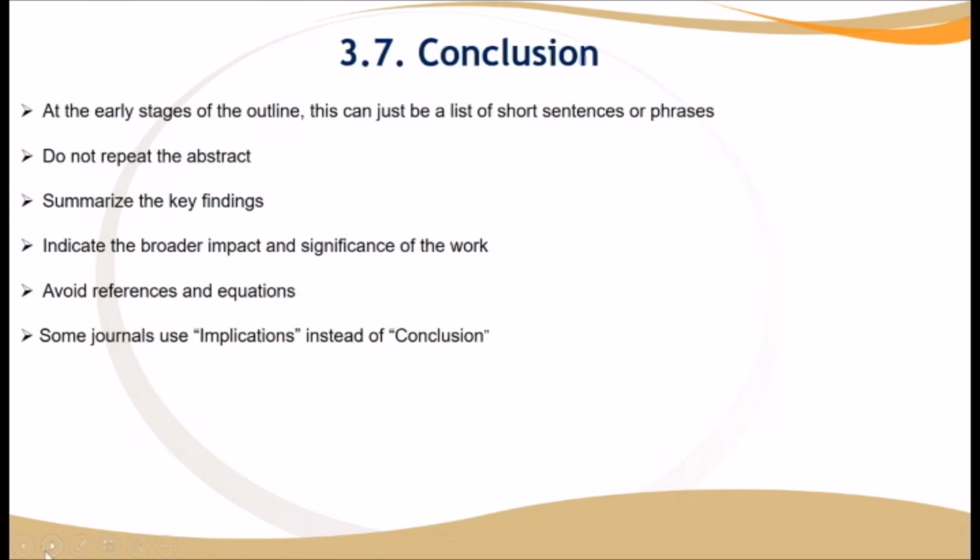Okay, so where the differences with the abstract will clearly come out is that here you must also indicate the broader impact and significance of the work. So when you are concluding, you must also guide us as readers to say where to from here.